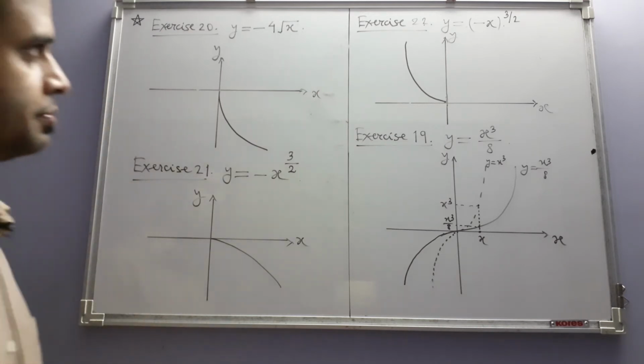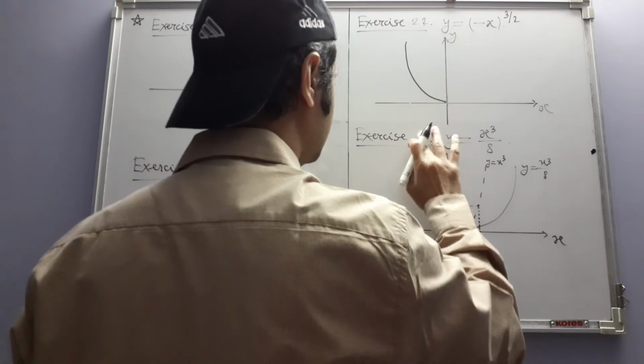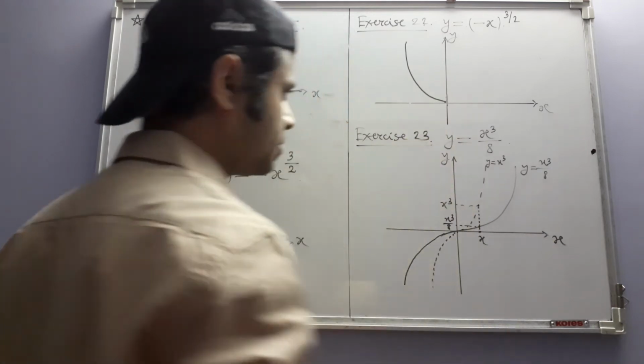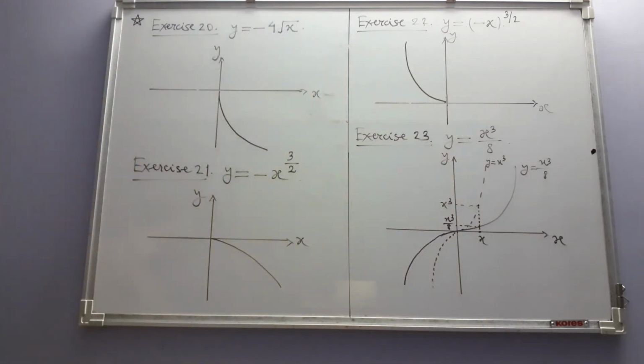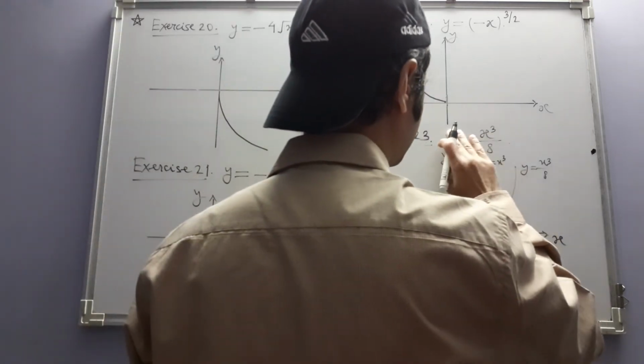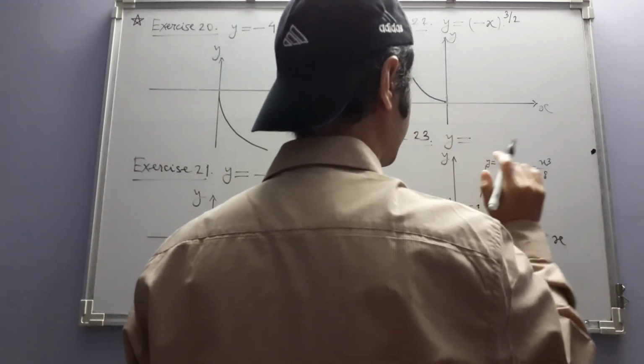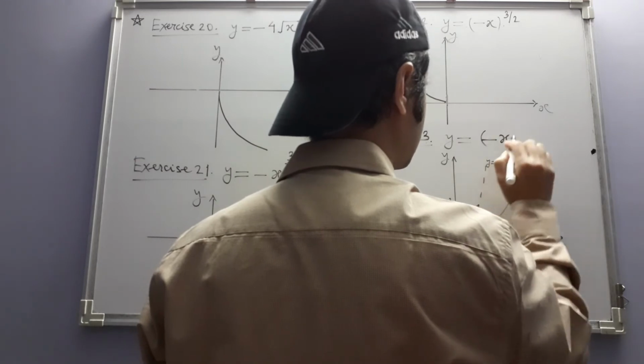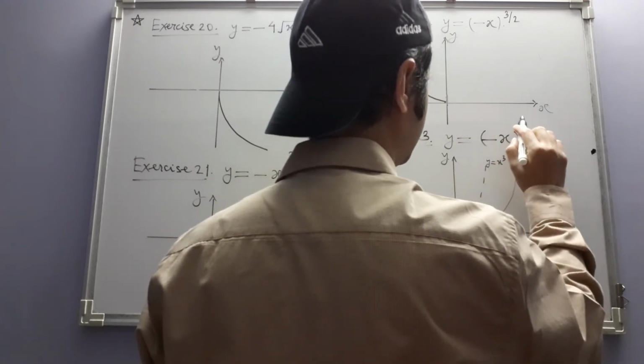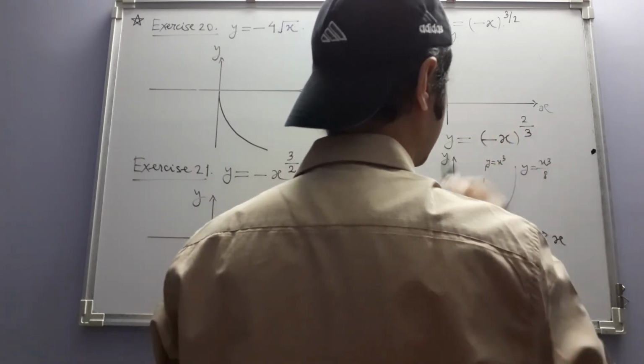And then 23. The 23rd one is y equal to minus x to the power, in place of 3 by 2, now we have 2 divided by 3.